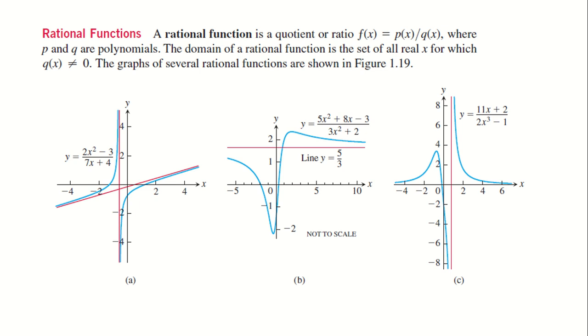Now, rational functions. You already know this. In our previous session, we have discussed it. If we have a function f of x equals p of x by q of x, where p of x and q of x are both polynomials, then the rational function is the quotient or ratio of two polynomials.